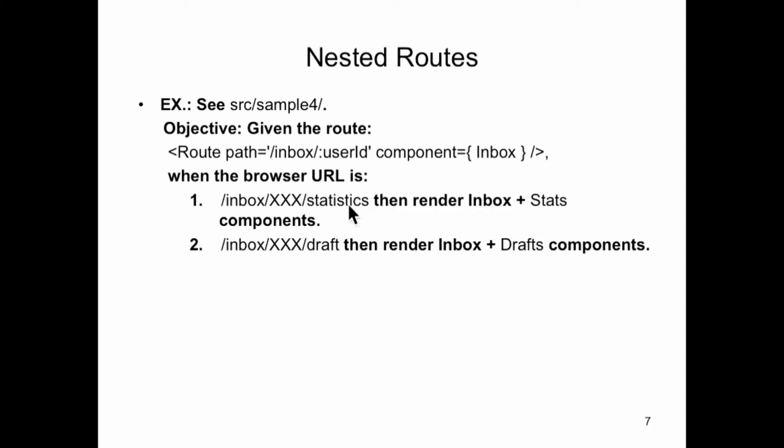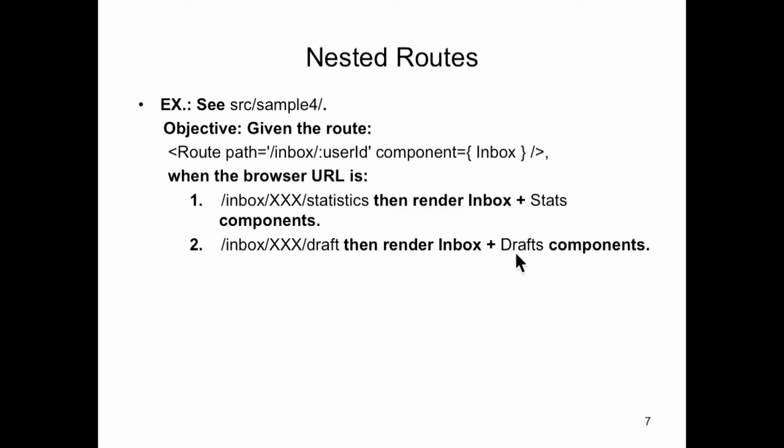If there is no statistics at the end of the URL, then only the inbox should be mounted. Also, if I've got this kind of URL, I want my app to mount the inbox and a draft component. Draft emails are separate from just the ordinary inbox view.